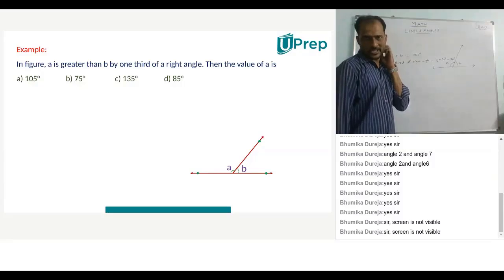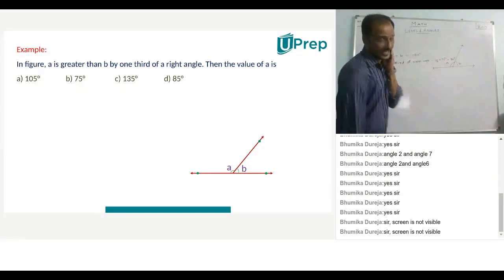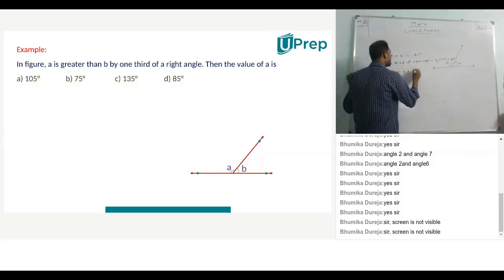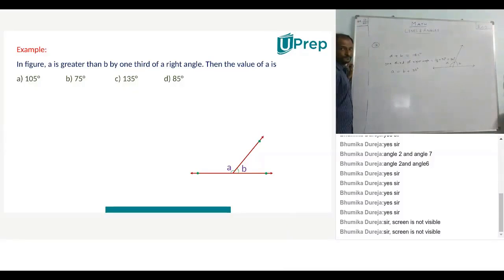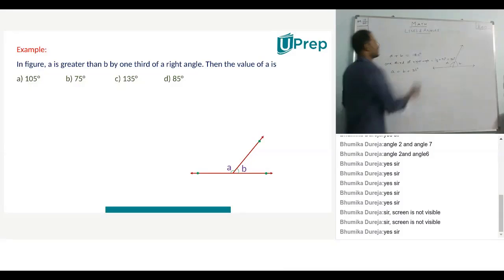Yes, sir. Now A is greater than B by 1/3 of right angle. So what we can expect? A is equal to B plus 30 degrees. Yes or no? Yes, sir. Now let us substitute the value of A in equation 1. What do we get?